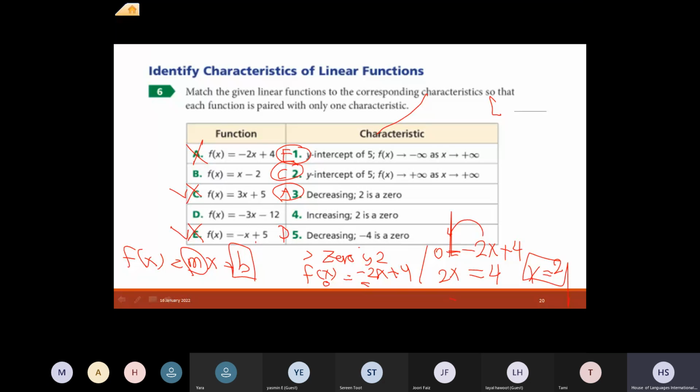D. And the 0 here, if you try negative 3 times negative 4, 12 minus 12, 0. So the 0 is negative 4. And which one is increasing? It has a positive slope. Which one has positive slope? Is it clear?